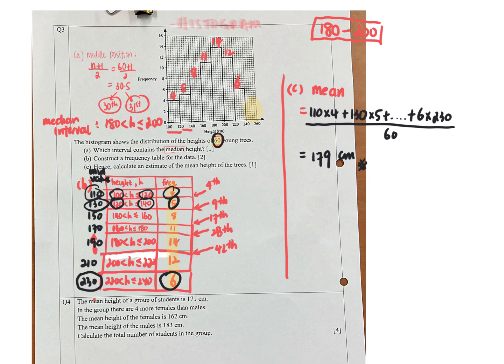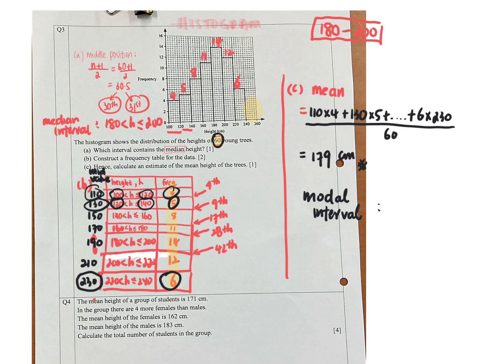Okay, so no matter what diagram I give you, you should be able to calculate the mean, mode, median. If I ask you what is the modal interval, are you able to tell me? Which is the most popular interval?